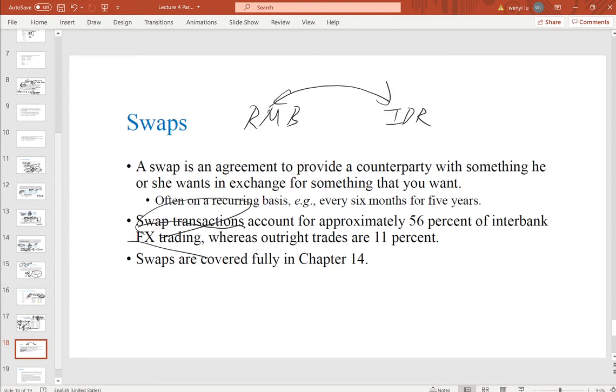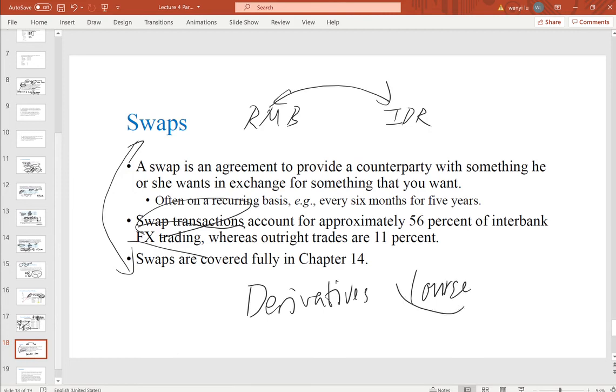But swap is not our focus in this course. It is covered fully in chapter 14. If you have interest in this topic, you can go to chapter 14 for more details. So why do we ignore this chapter? Because in the finance major and also other business majors, we have a special course called derivatives, and this course is required for the finance major and elective for other majors.